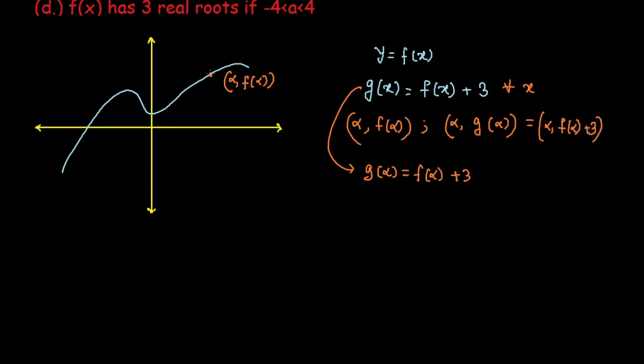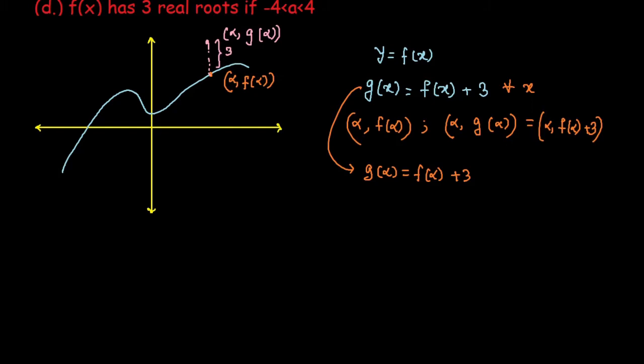So if I take a point at a distance of 3 units from the point alpha comma f of alpha, along the perpendicular to the x-axis, then it will be the point alpha comma g of alpha, and this distance over here is actually 3 units.